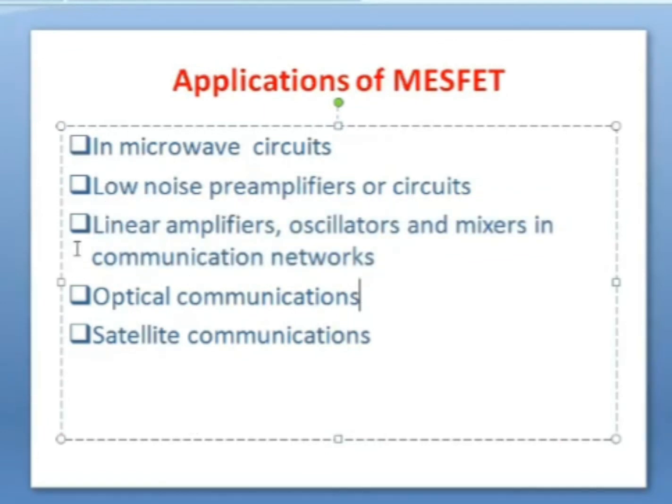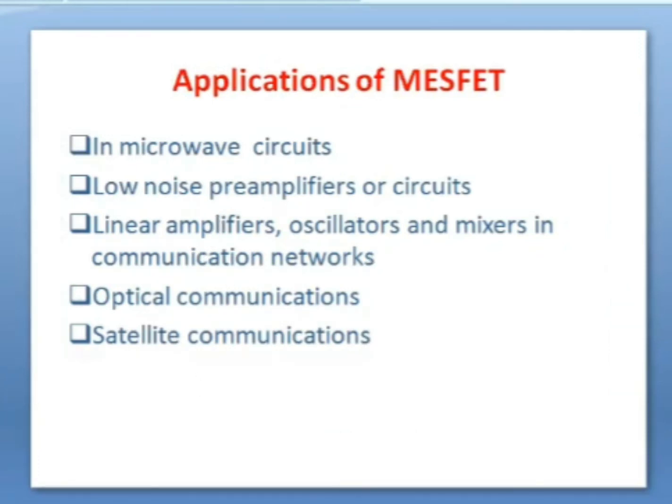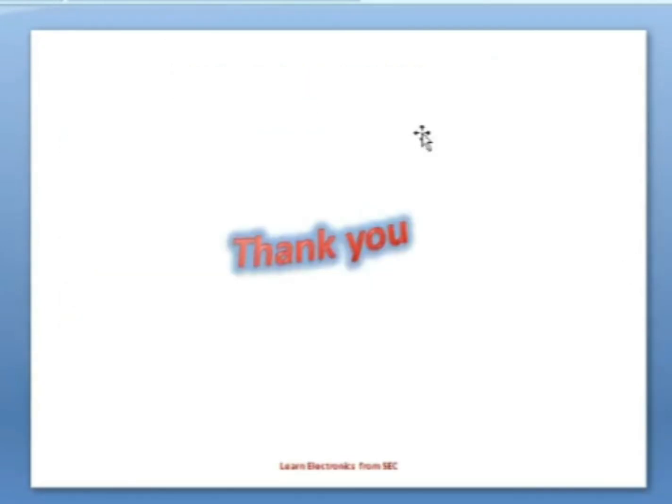And in optical communication, as well as satellite communication, we can use MESFETs. That is in the receiver part, transmitter part, or amplifier part. In some circuit areas you can use MESFET. So this is the application of MESFET. Good, thank you.